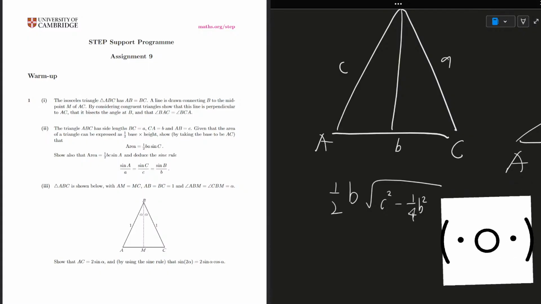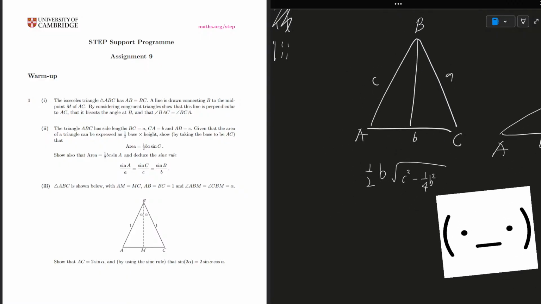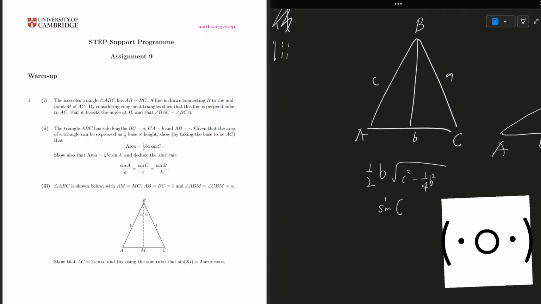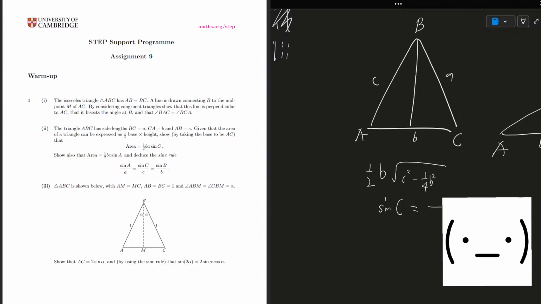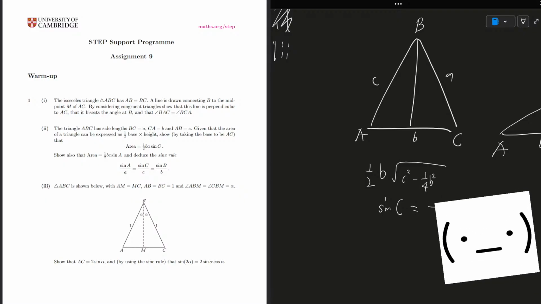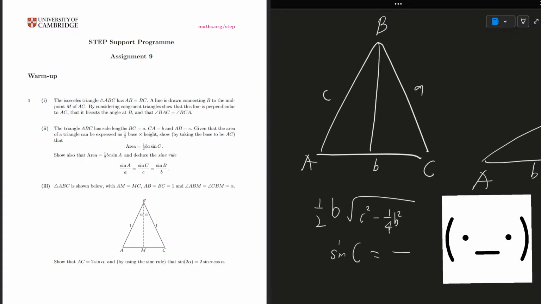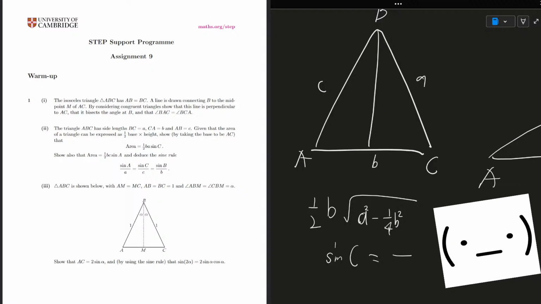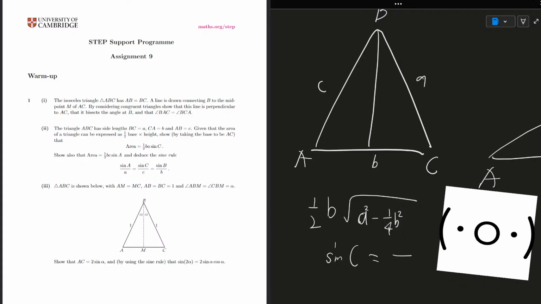So our next step is we need to show it equals b a sine. So what's sine? Sine c is equal to a divided by b. No, this could be a. Let's just write a. Actually, we don't know what's half.